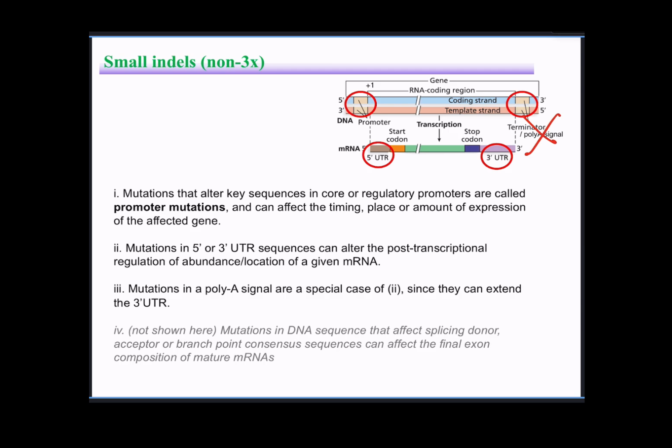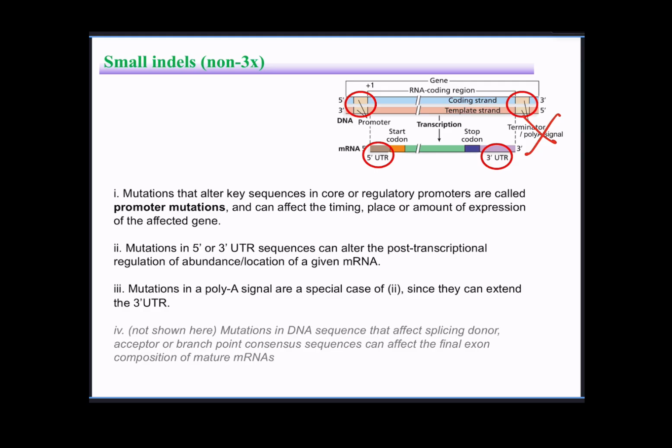All right, and last, not shown in this diagram, there could be mutations in the DNA sequence that affect splicing donor or acceptor or branch points, consensus sequences that can affect the final composition of a eukaryotic mature mRNA if they affected the way that those pre-mRNA molecules are spliced. The reason I say that it's not shown here is because here we're going from DNA to a mature mRNA and we're not showing the intermediate that is the RNA with all of those introns that need to be spliced out.